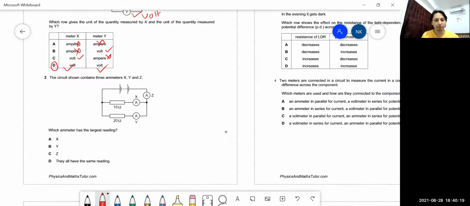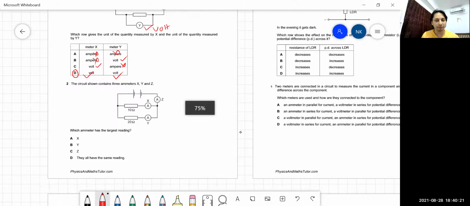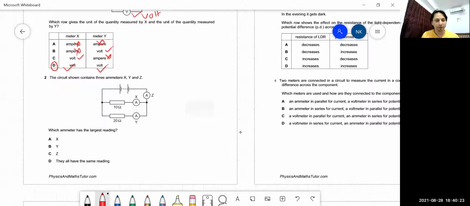In question number 2, again we have the circuit shown with 3 ammeters X, Y and Z. Which ammeter has the largest reading? Ammeter X is here, ammeter Y is here, ammeter Z is here.